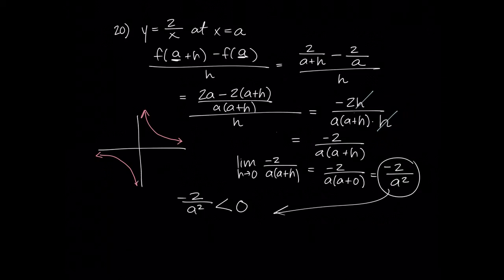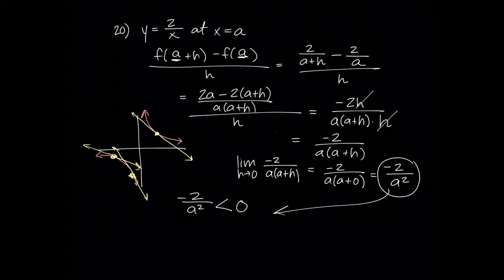And if I were to draw tangent lines at certain points, for example, let's have a tangent line right there. Notice that that tangent line has a negative slope. In fact, everywhere you draw a tangent line, it's going to have a negative slope.